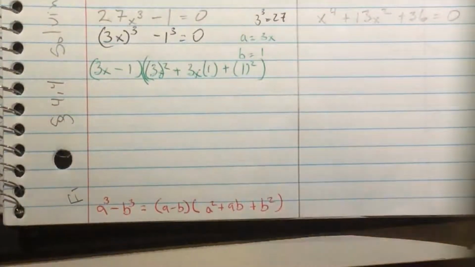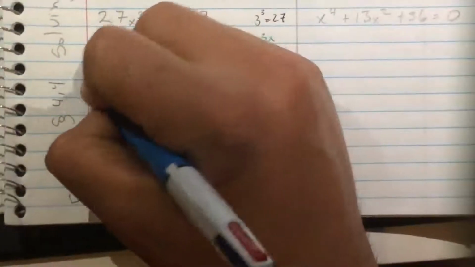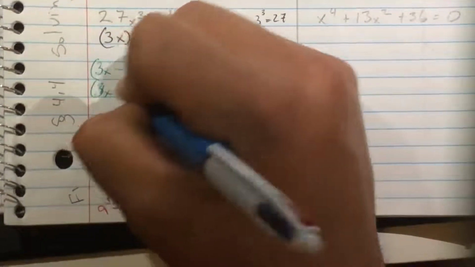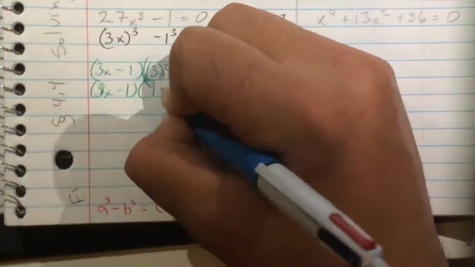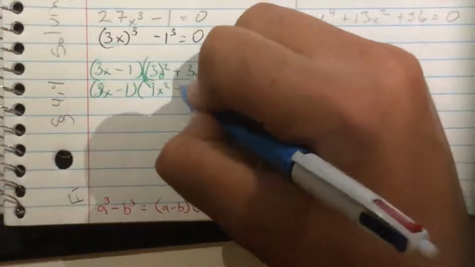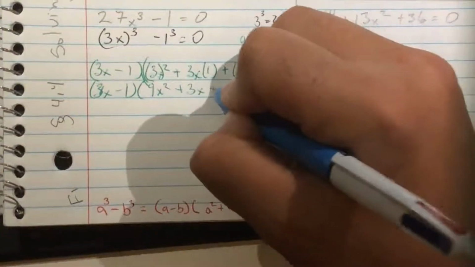We're going to simplify a little bit. So we have our 3x minus 1 times our 3 squared is 9, x squared is x squared, plus 3x plus 1.